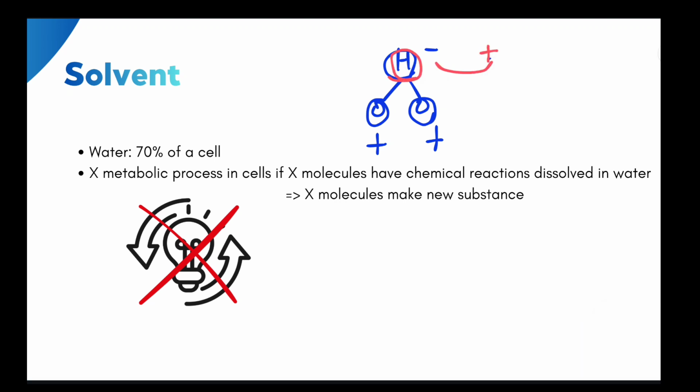Because positive attracts negative. And O would attract positive because of the same principle. That's how H2O, meaning water, usually becomes a solvent for almost all charged things. But if a material has zero charge, meaning it is neutral, then water cannot be a solvent, because water is partially charged, but this is neutral.